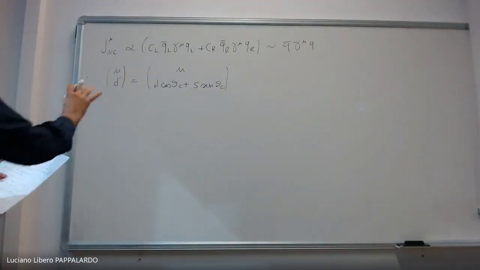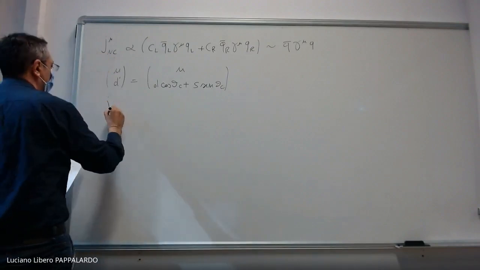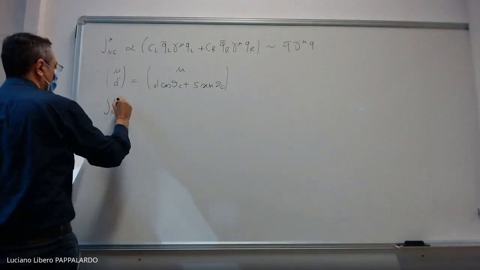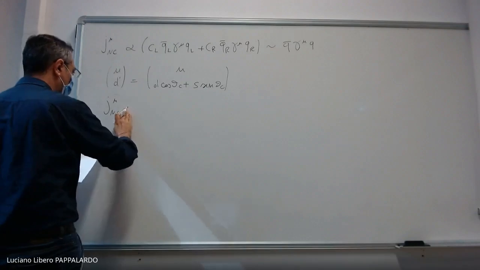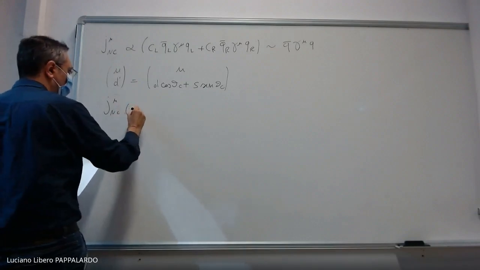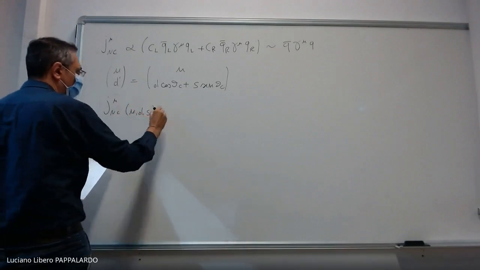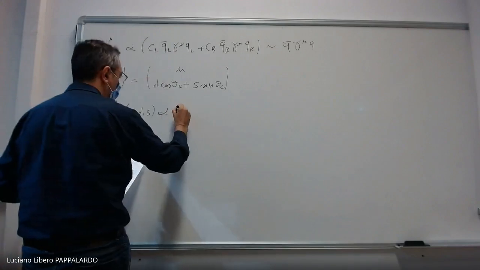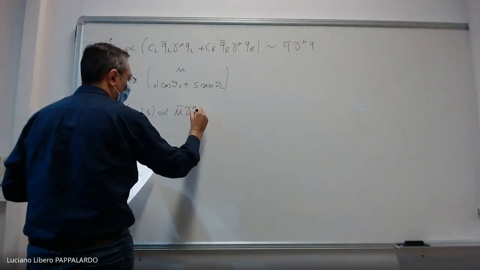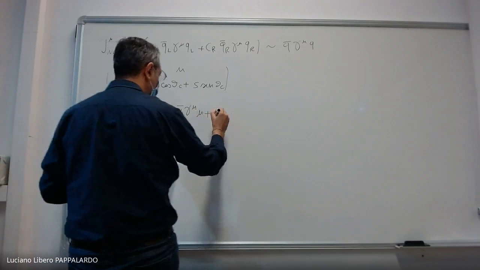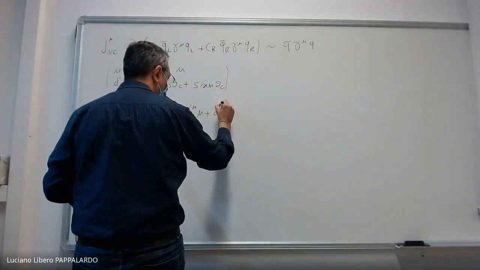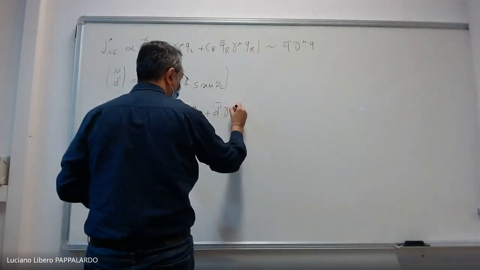And so our neutral current for only three quarks, the up, the down, and the strange, will be proportional to something like u bar gamma^μ u plus d' bar gamma^μ d'.